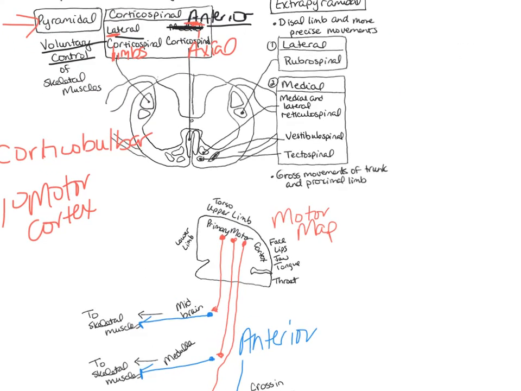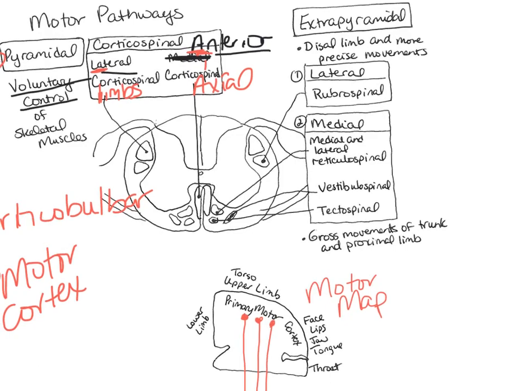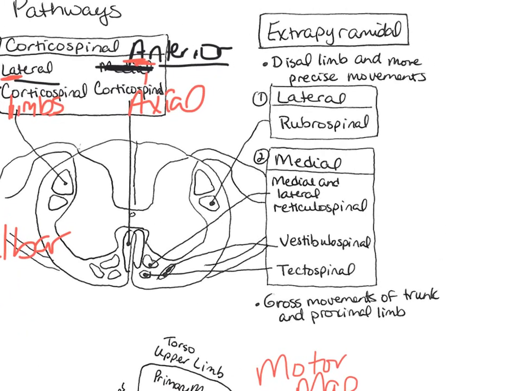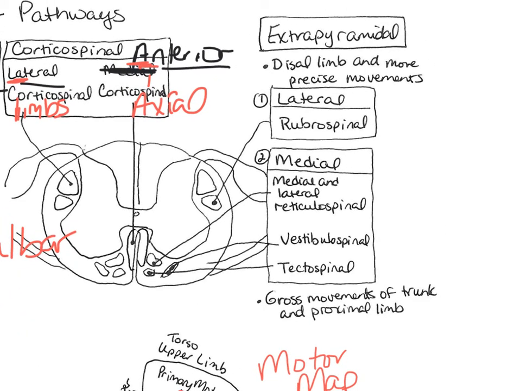All right, so that's the corticospinal. I want to talk a little bit about the extrapyramidal, because we keep talking about the pyramidal motor pathway. Well, there is also an extrapyramidal pathway, and this pathway is involuntary. It's automatic.